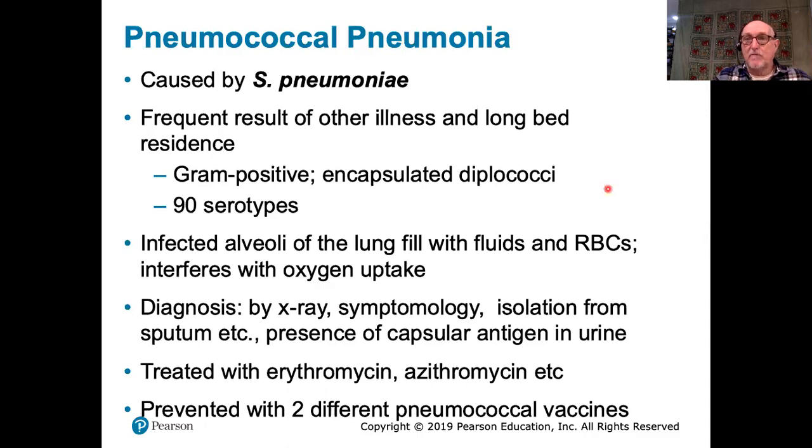Nowadays, at least the bacterial infection is easily treated. Some other aspects of the pneumonia are not so easy to treat, and in particular, that's the immune response. Part of the filling of the alveoli is due to immune response.